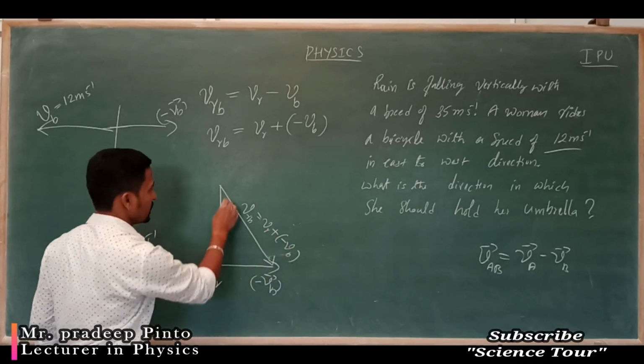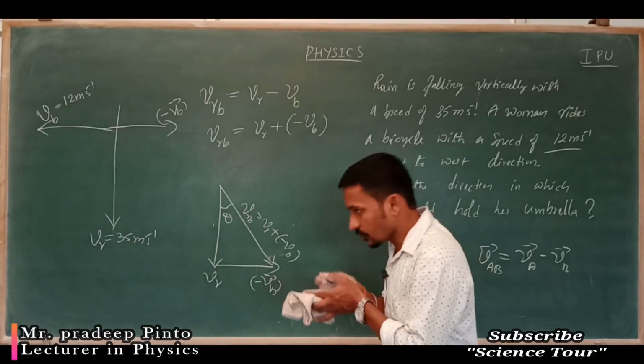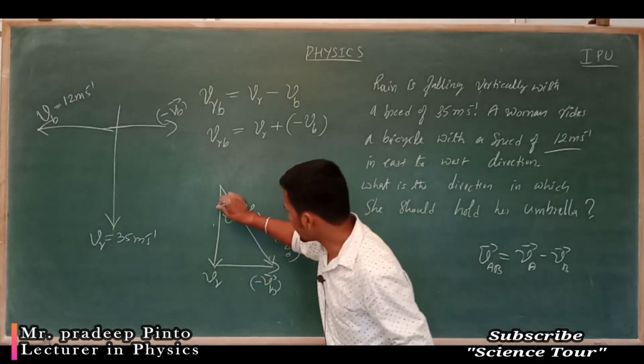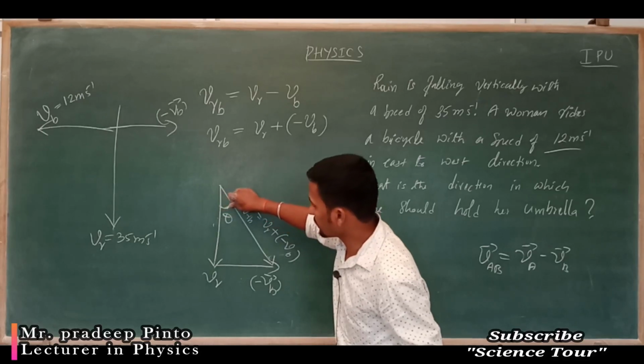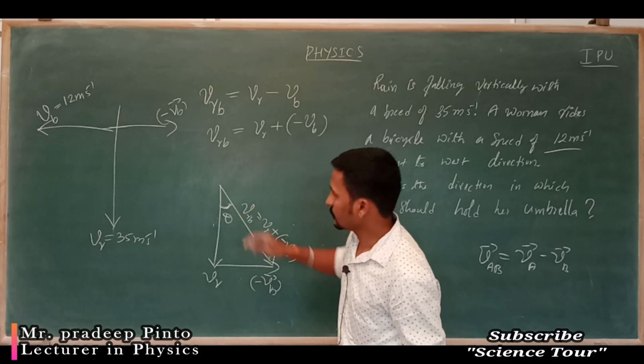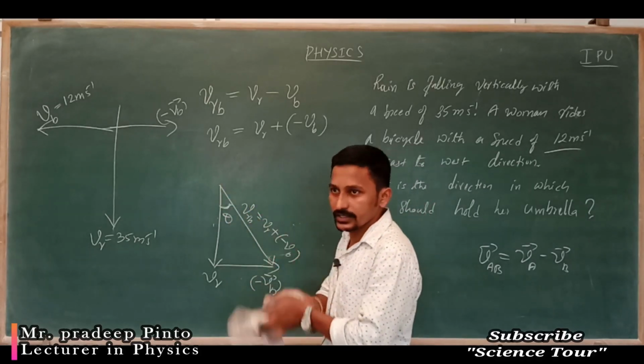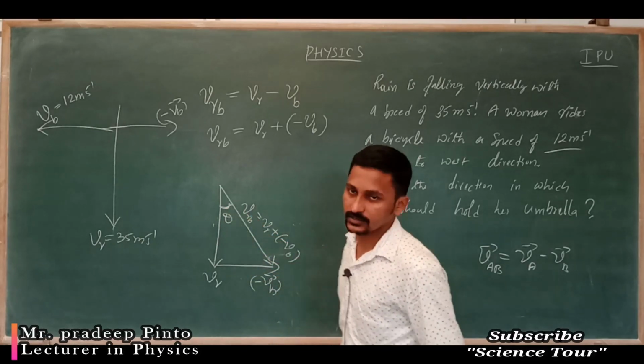This is the angle, means when she is moving, by making an angle theta with the vertical, in this direction she can keep the umbrella.